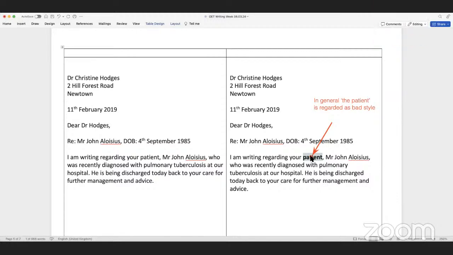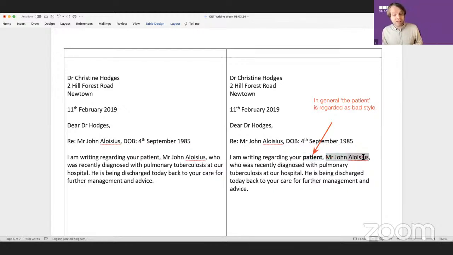And the reason is they say, and the GMC also say, that this is bad language, not caring language, unfeeling language. However, Nozad, in this case, we do have the name immediately after. So I'm not sure in this situation if it's so bad. You know what I mean?